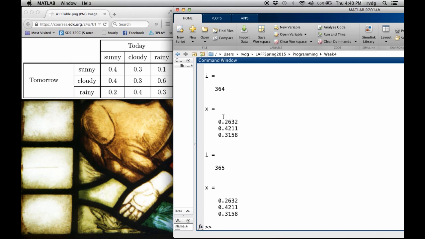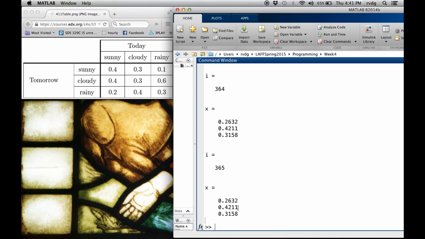Now, one thing that's interesting is that going from one day before a year from now to a year from now, the prediction doesn't change very much. So notice that this means that vector x now holds approximately the prediction for what typical weather might be.